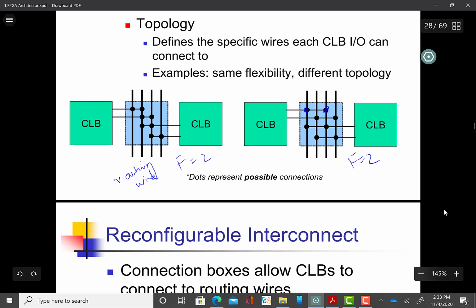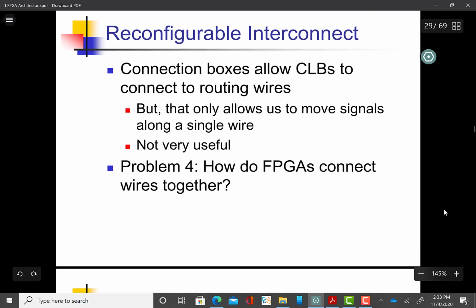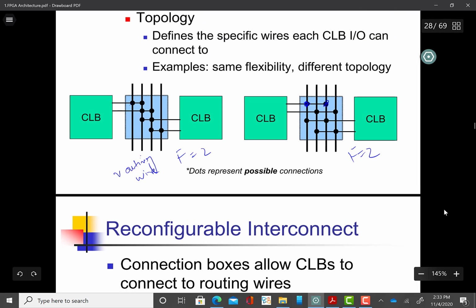All these horizontal and vertical wires are called routing wires, but it only allows us to move signals along a single wire. What this means is that I can connect to this wire, and this wire runs from top to bottom, but I am on the same wire.